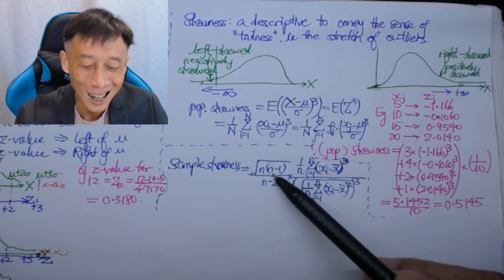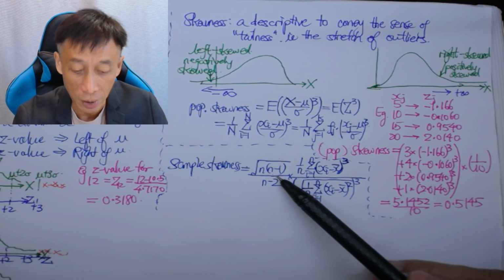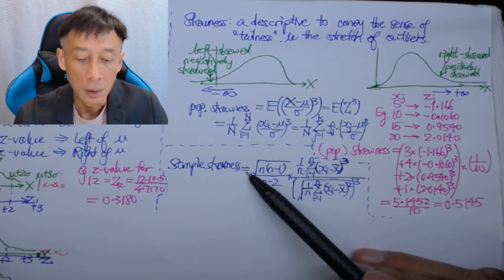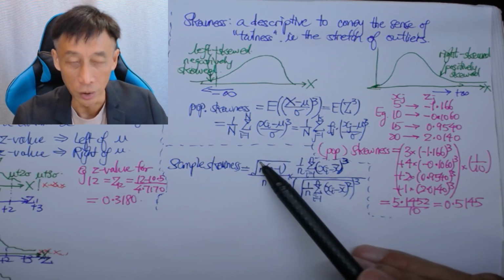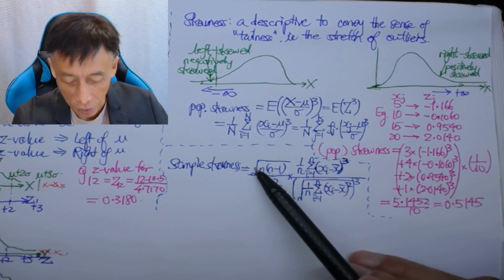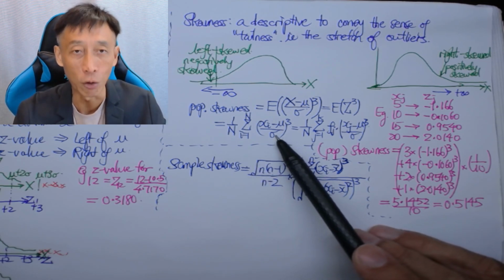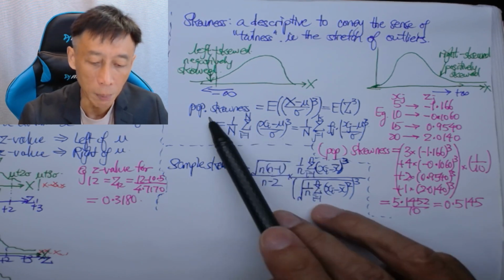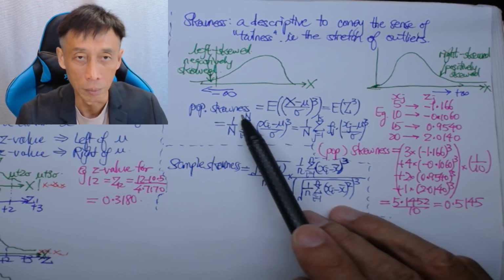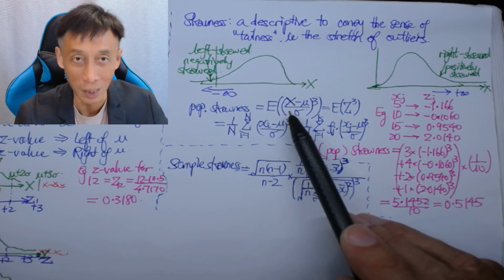Plus, if we work harder and n gets larger and larger, our sample skewness does converge, in a probabilistic manner, does get closer and closer in terms of accuracy and precision towards the population skewness. Because it is the population skewness that we want, right?